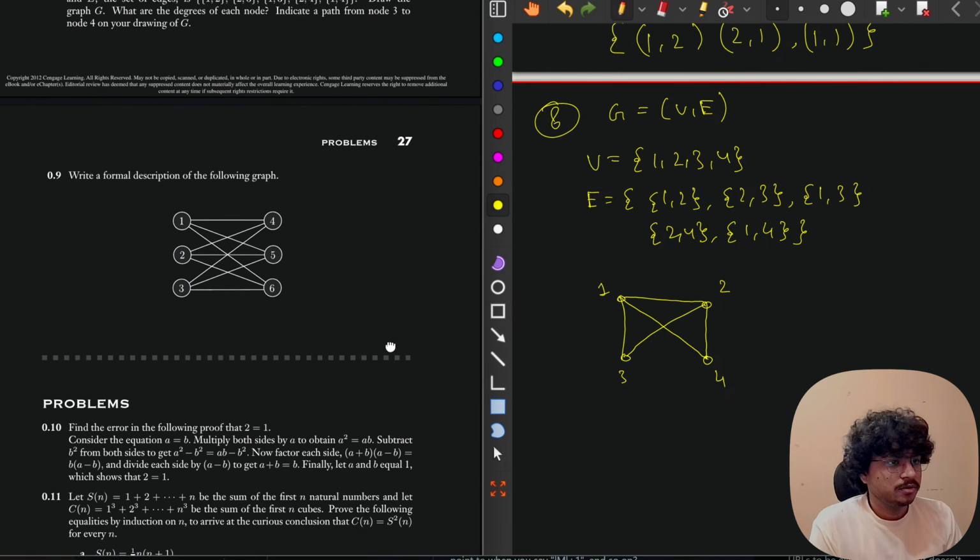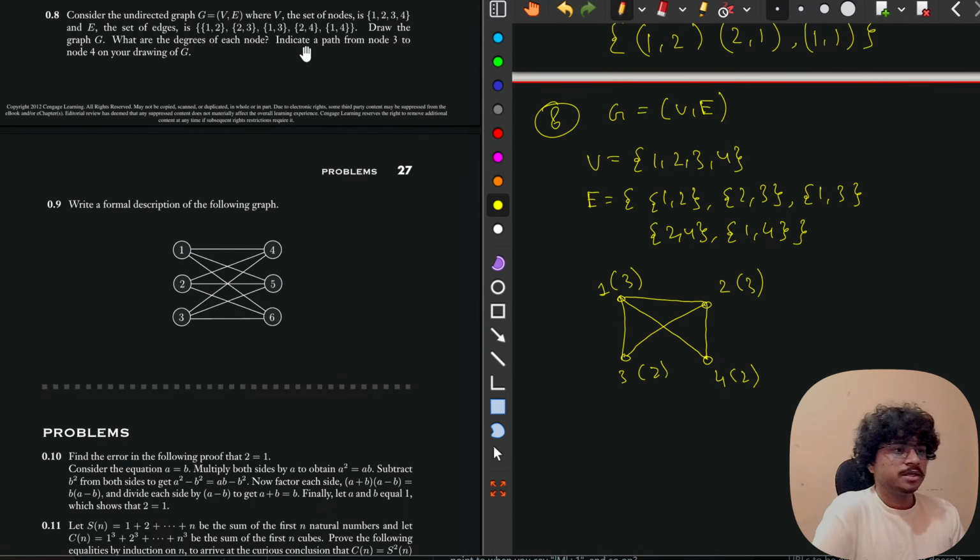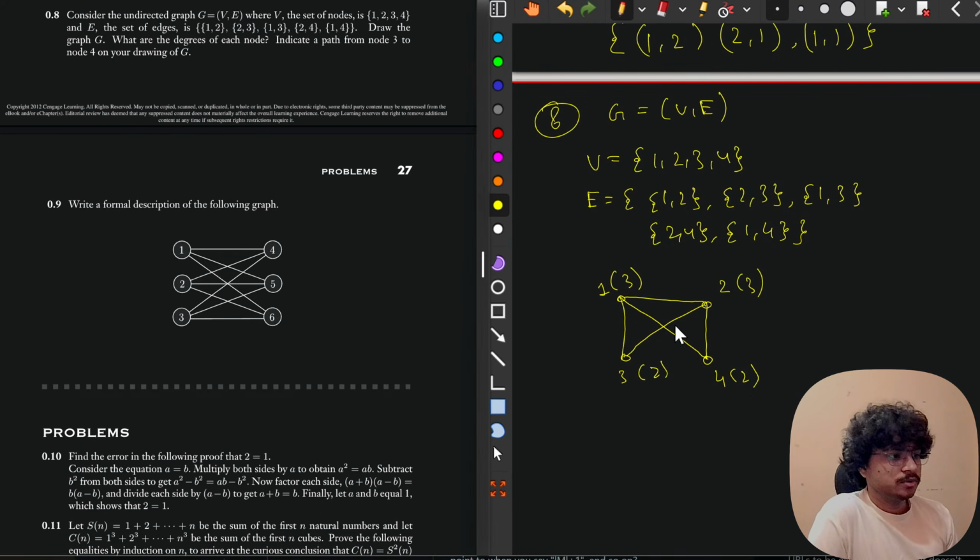Okay. Degree of this node is 1, 2, 3. Degree of this node is 1, 2, 3. This node is 2 and this node is 2. Indicate a path from node 3 to node 4 on your drawing of G. That will be the path.